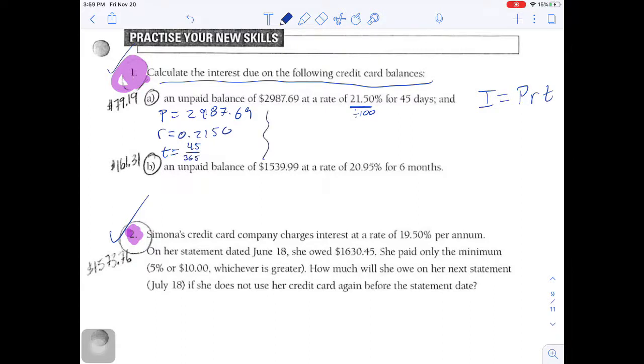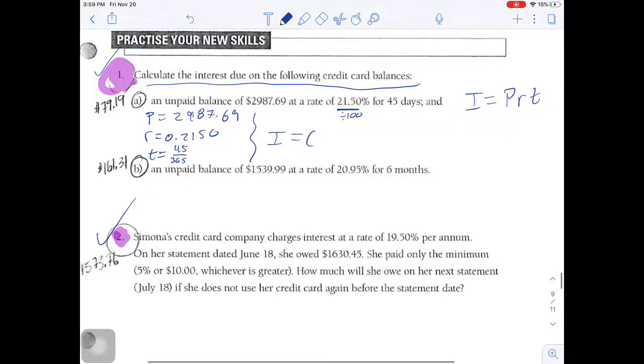So to figure out the interest owed after 45 days, we're going to do P, which is $2,987.69, times R, which is 0.2150, times T, which is 45 divided by 365.